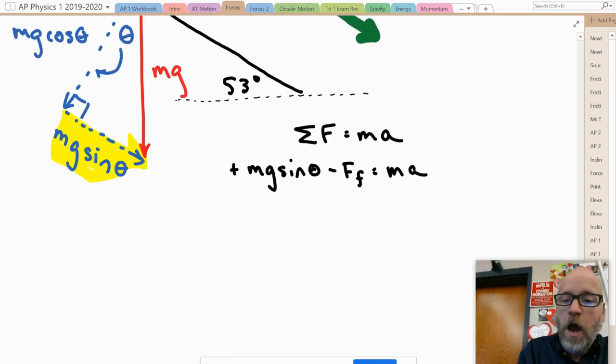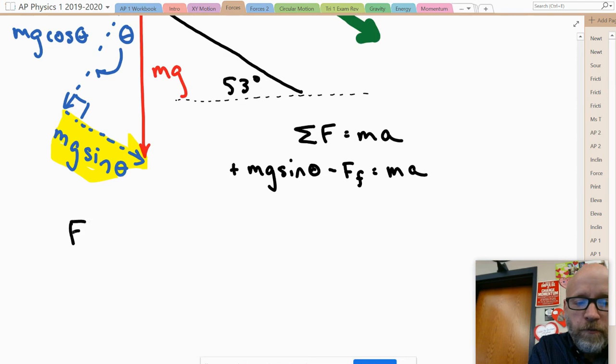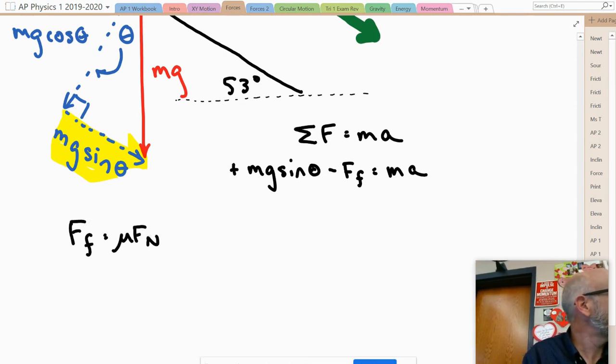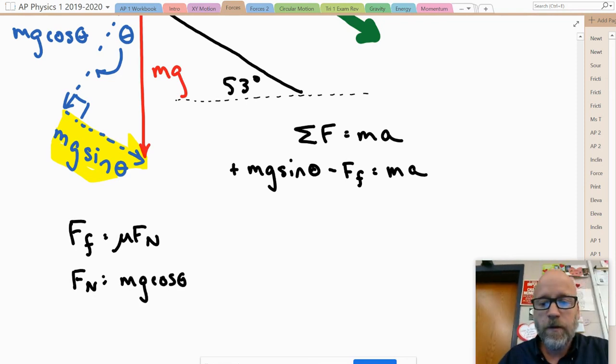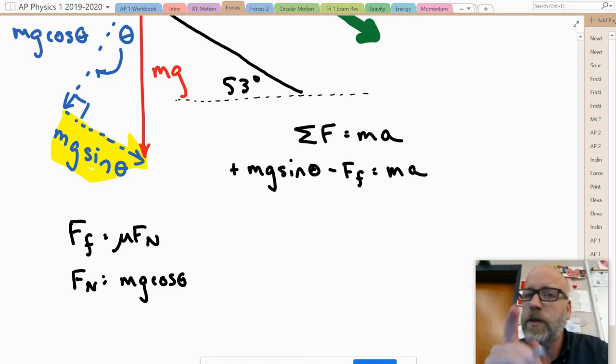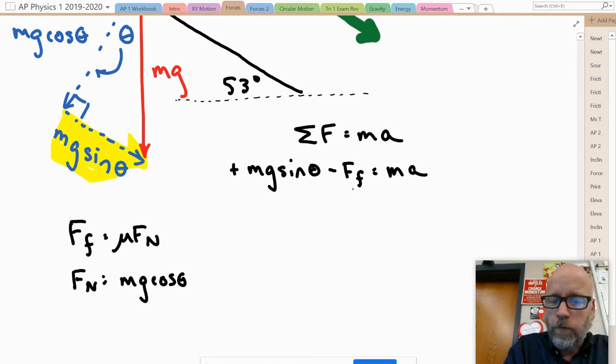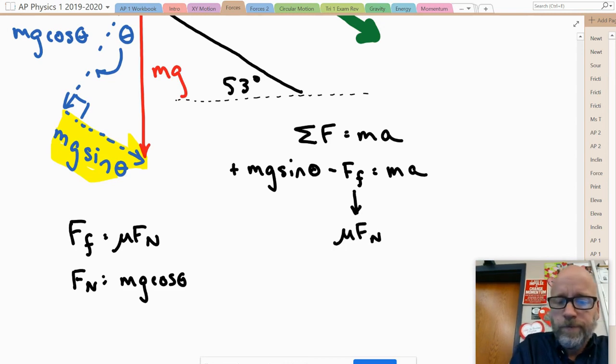Now, I know that the force of friction is mu times the normal force. I also know that the normal force is equal to mg cosine of theta. So I'm going to substitute those in, and I usually do that in 2 steps. So first of all, force of friction is mu times the normal force.